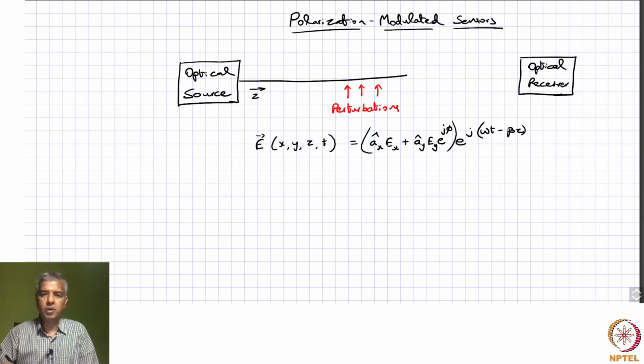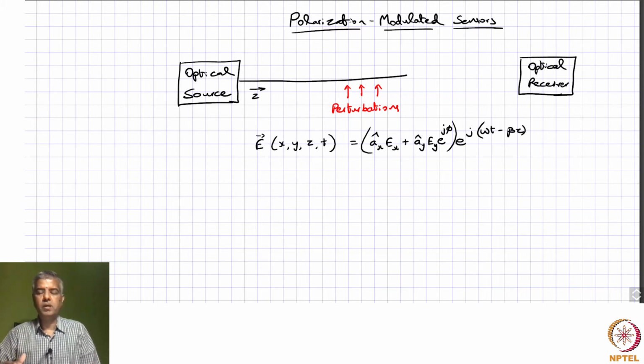We'll come back and look at what types of perturbations are quantifiable this way. But what we know is that the photodiode, which is the front end of the optical receiver, is not polarization sensitive. So it cannot actually tell if there is a change in polarization.